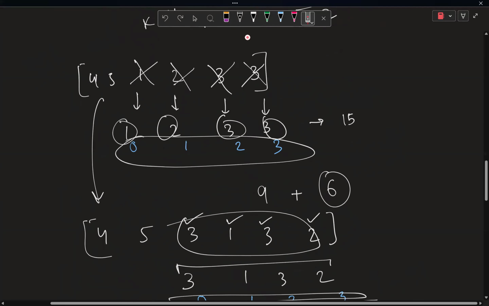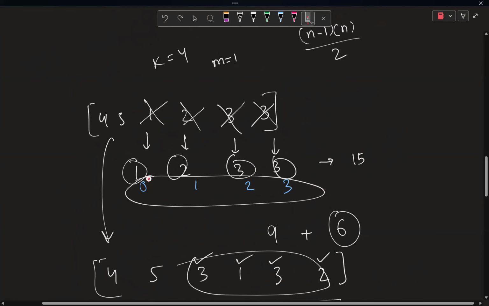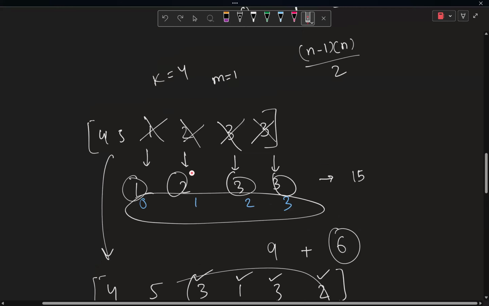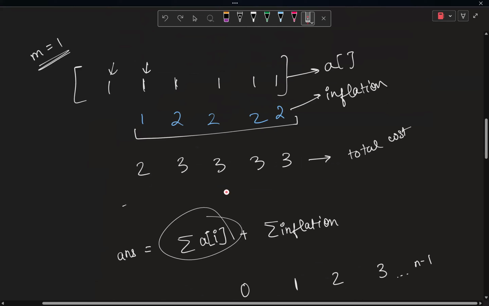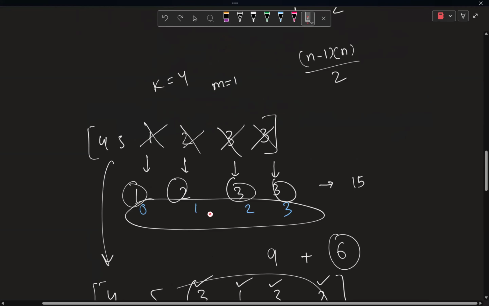Then we did discuss that since the inflation does not depend upon AI, can you independently find out the minimum possible value for this summation of AI, on whichever days you choose?